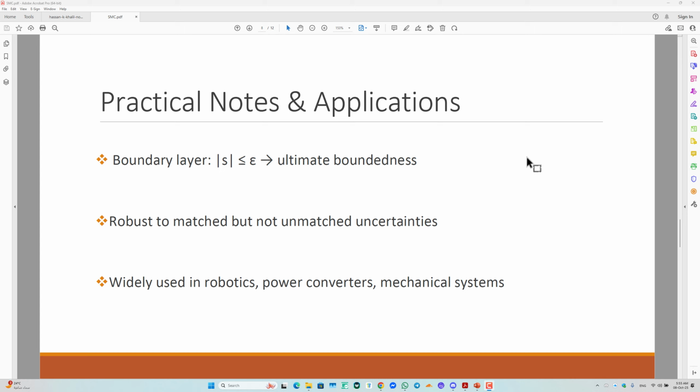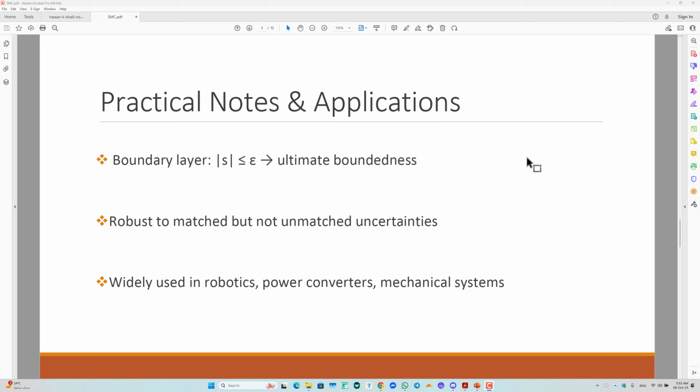A few practical notes in the applications. Sliding mode control is robust to matched but not unmatched uncertainties. Despite that limitation, it has been successfully used in many areas: robotics, power converters and drives, mechanical and aerospace systems.